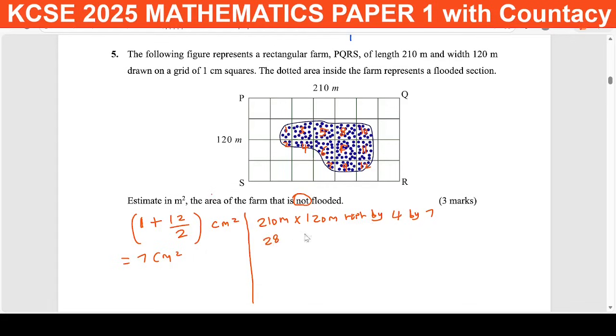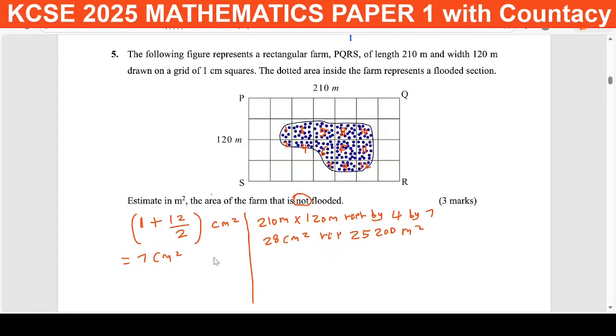So this is 28 centimeters squared represents, this is 210 times 120. 210 times 120, that's giving me 25,200, and that is meters squared.